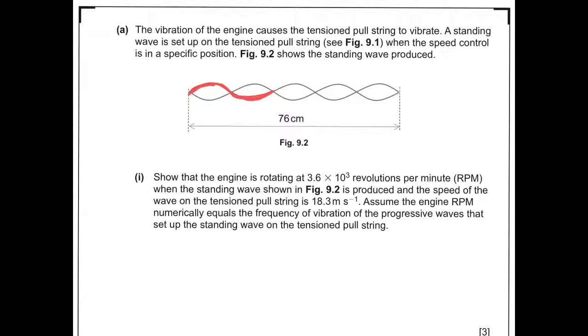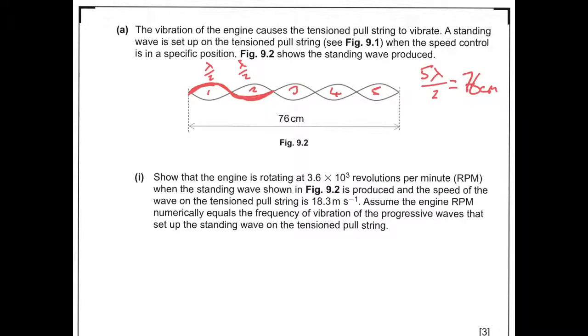So each one of these bumps is like a half lambda. So we've got 1, 2, 3, 4, 5. So it's 5 lambda over 2 equals 76 centimeters.